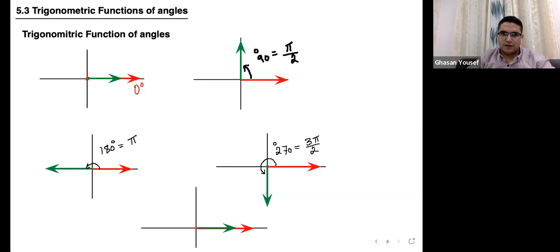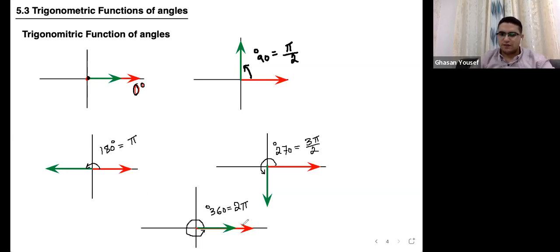So the 0 degree stays in the same place, but here we have to turn around like this. So this is 360 degrees, and this is equal to 2 pi in radians. But here it cannot turn around, so it will stay at the same point. So this is the same as 0 degrees, and the same as 0 radians.